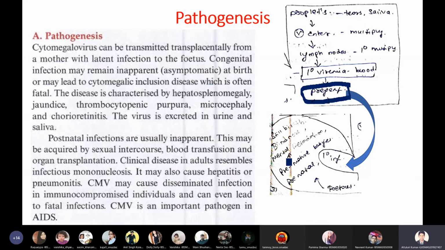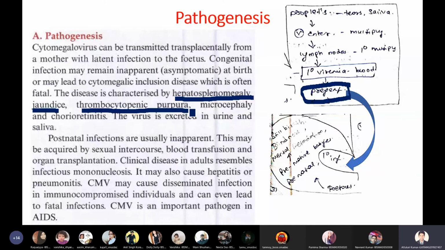Okay, and also in the patients we can see hepatosplenomegaly, that means inflammation of liver and spleen, and we can see jaundice and thrombocytopenia, which is decreased platelet count. Thrombocytopenic purpura means due to decreased platelet count, there is a condition of multiple blood clottings within the blood vessels, causing purpura.